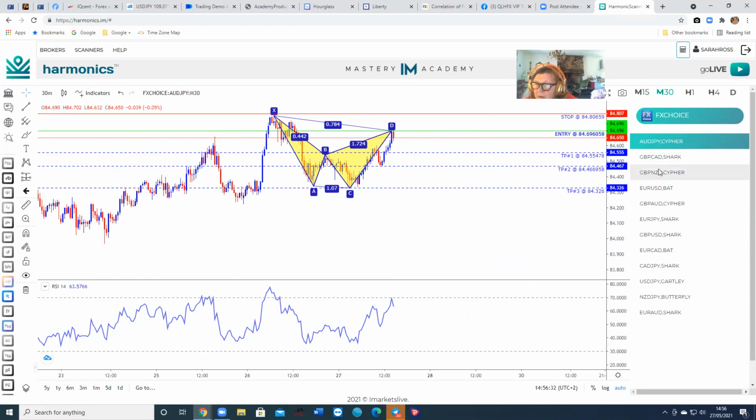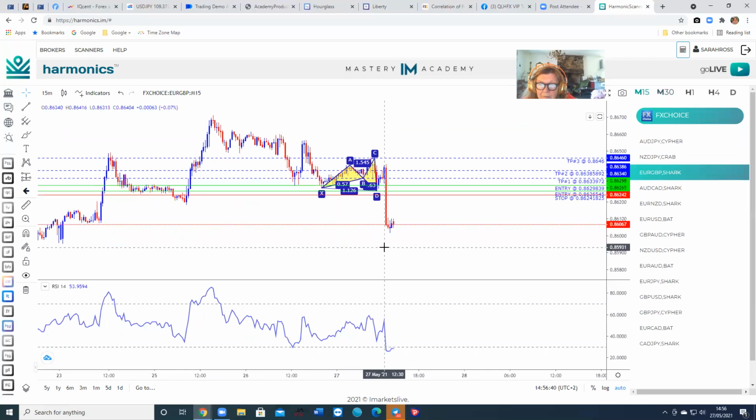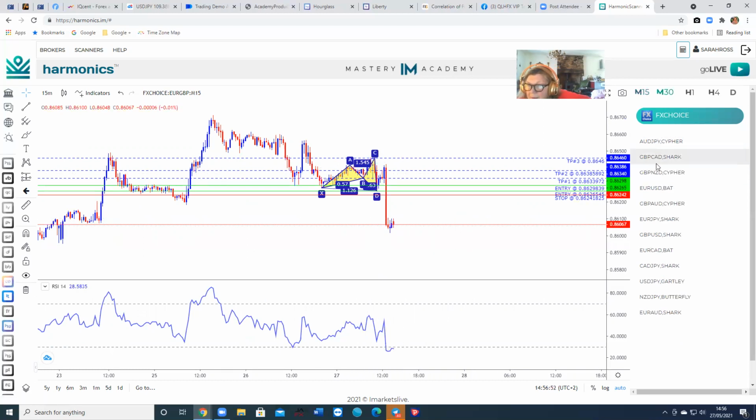I don't trade GN, it's very wild, and I never trade GCAD. Euro GBP. Oh, look at that. I don't know what caused that. 27th of May. Anyway, nothing that is going to help us at the moment.